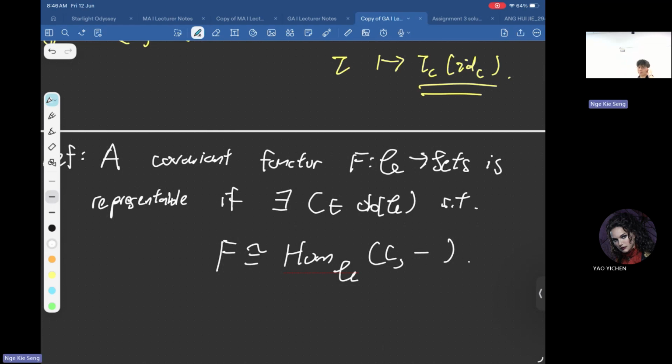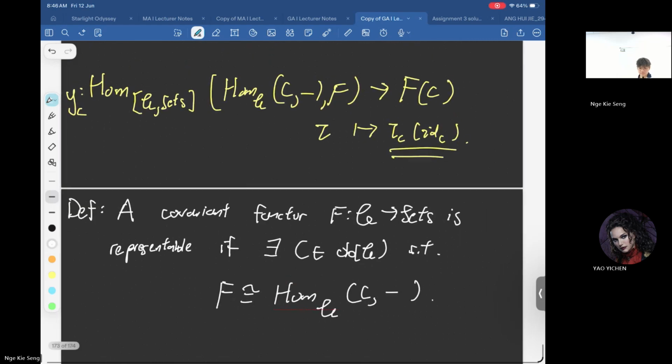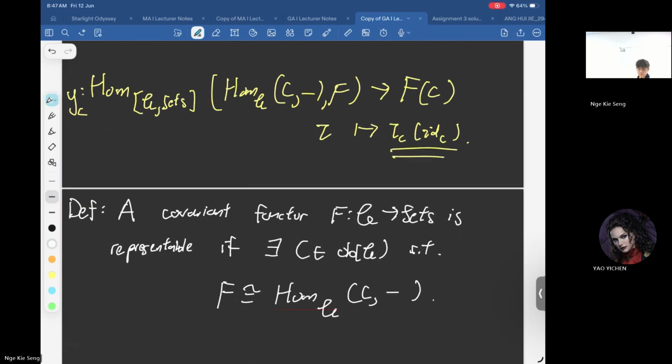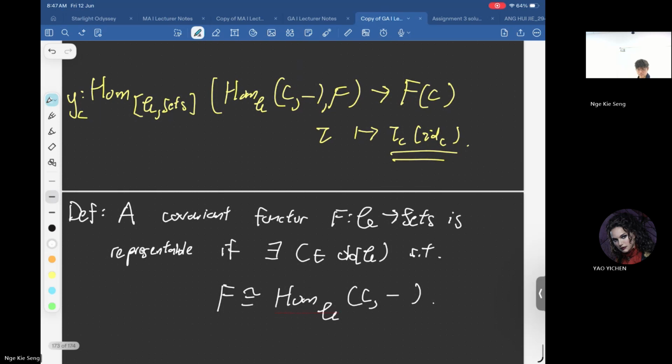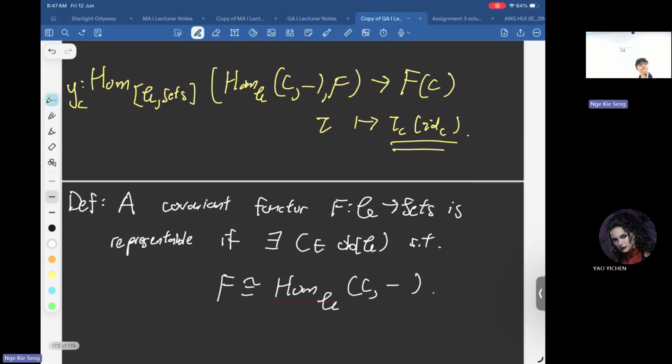Yeah, the object that can represent this functor here.